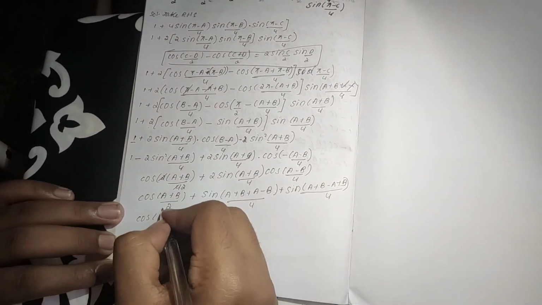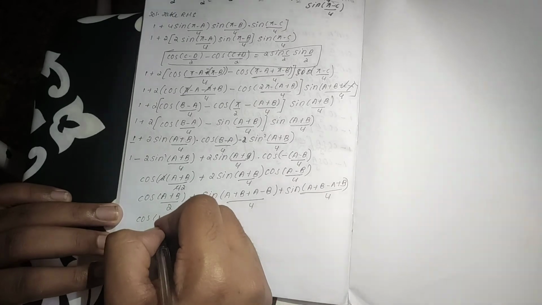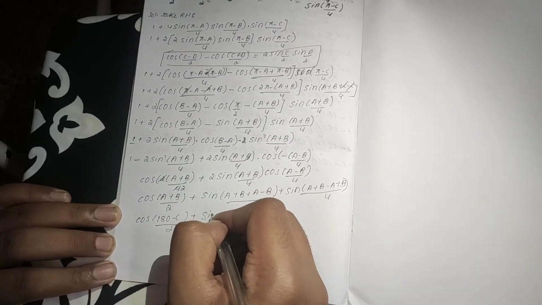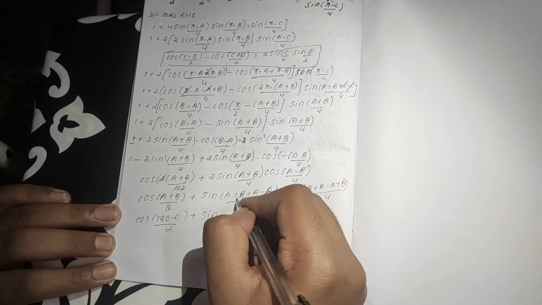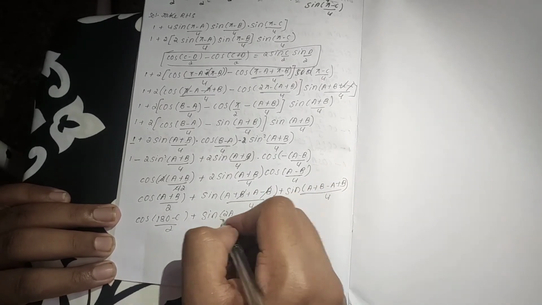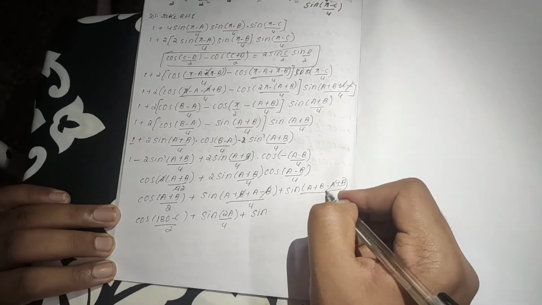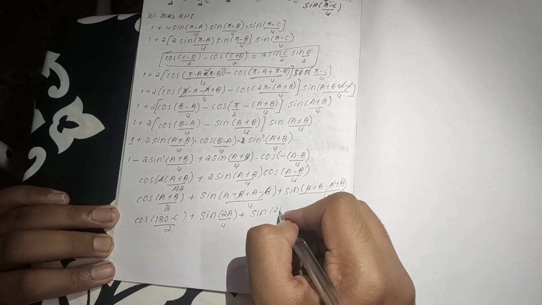Cos of (A plus B) can be written as (180 minus C) by 2, plus sin of, B minus B gets cancelled, this is 2A by 4, plus sin of, minus A plus A gets cancelled, this is 2B by 4.